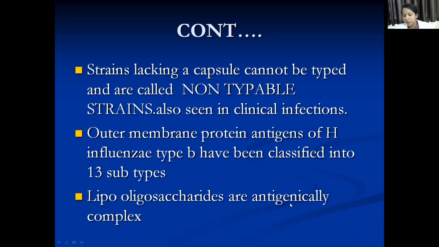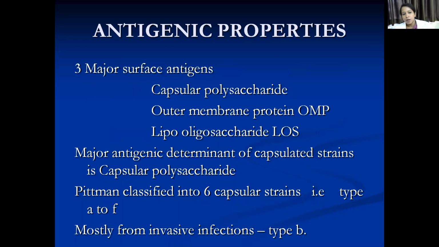So these are the three antigens which contribute to antigenicity: capsular polysaccharide, outer membrane protein (OMP), and lipo-oligosaccharides (LOS). Out of which capsular polysaccharide is very important, and it was classified into types A to F by Pittman. The most invasive type is type B.